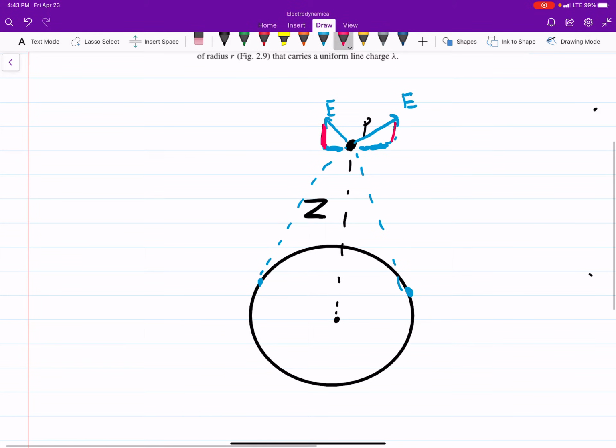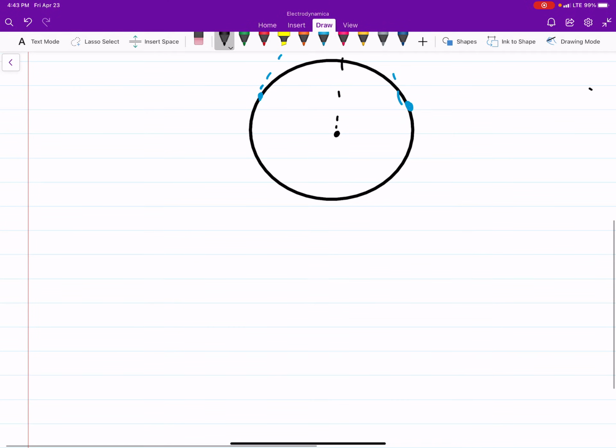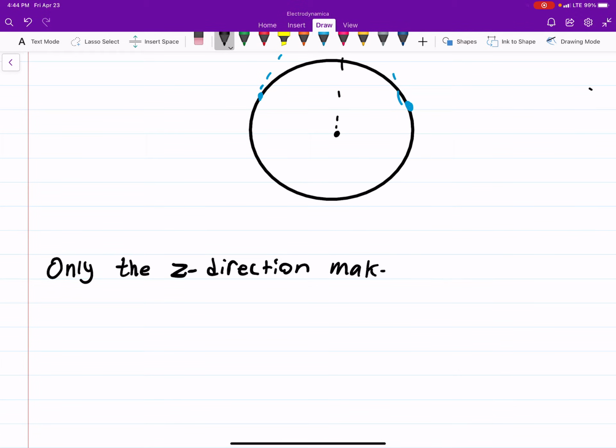Whereas this side and this side actually add together in the z direction. And you can go all around the circle, you'll find that to be true. So hopefully that makes sense. So the first thing I want to note is by symmetry, only the z direction makes it. Everything else will get canceled.